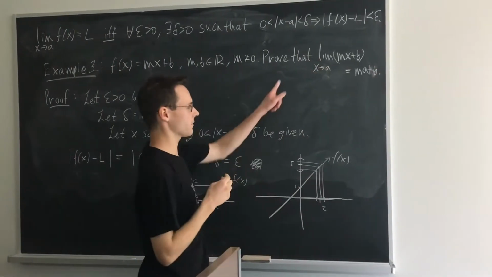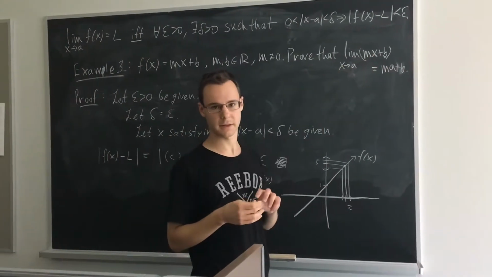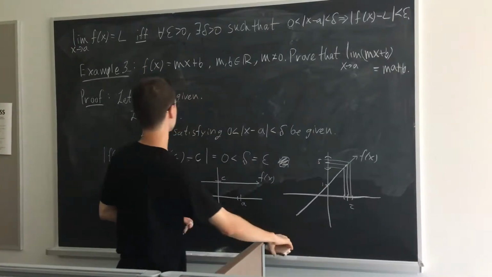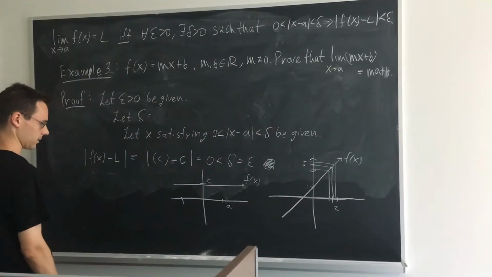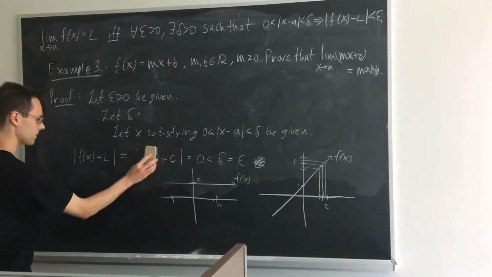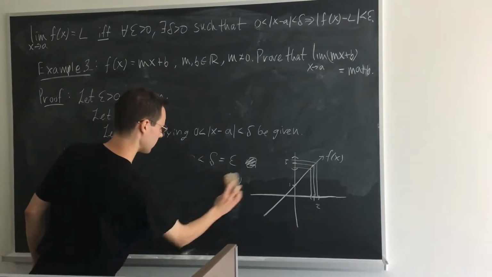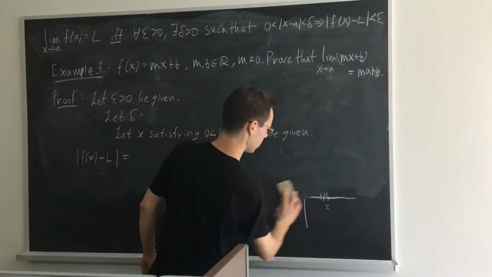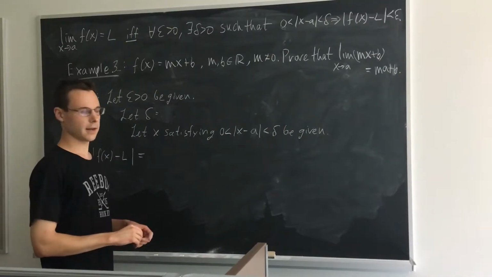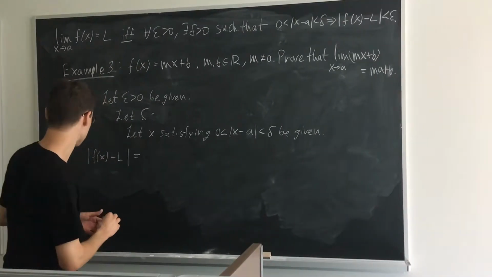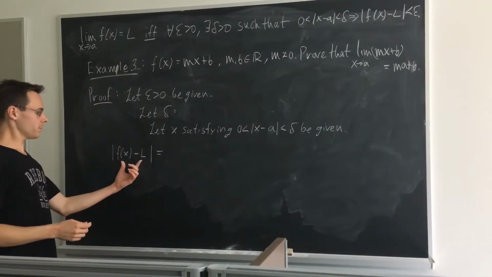Okay? Value given by just substituting a into the expression. So let's go through that proof. It won't be much more difficult than the first example we did. Okay? Except we'll just be doing things in terms of m, b and a in this case. Okay? So let's go through the proof.